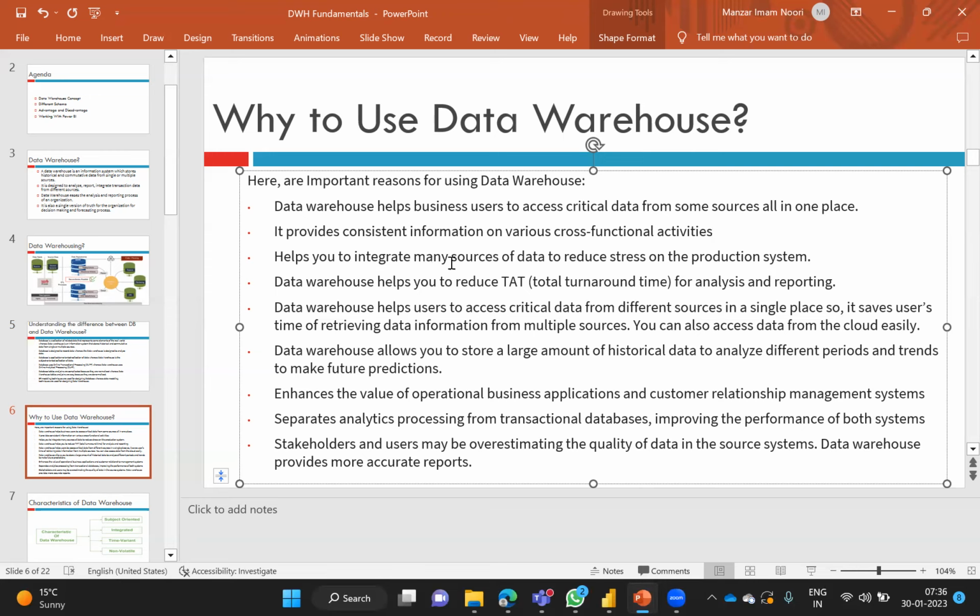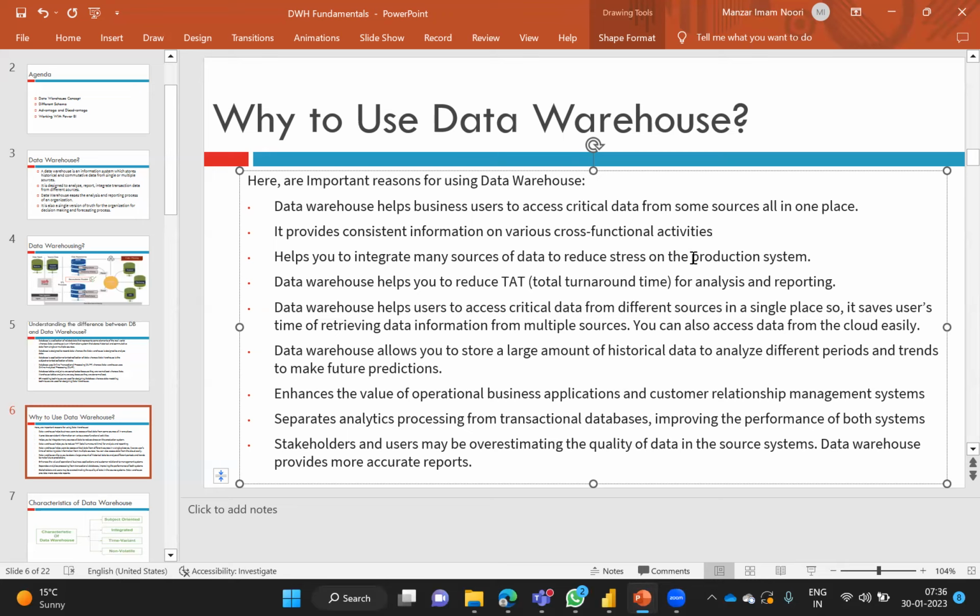It helps integrate many sources of data to reduce stress on the production system, right? You have already integrated the data and then use it in the production system, so that reduces the stress on the system. Otherwise, in the production system, if you wanted to connect to all the different sources, you would have to create a lot of joins.